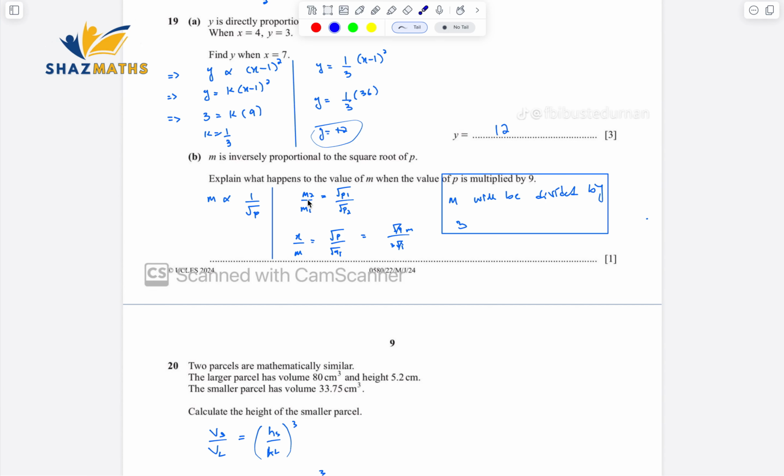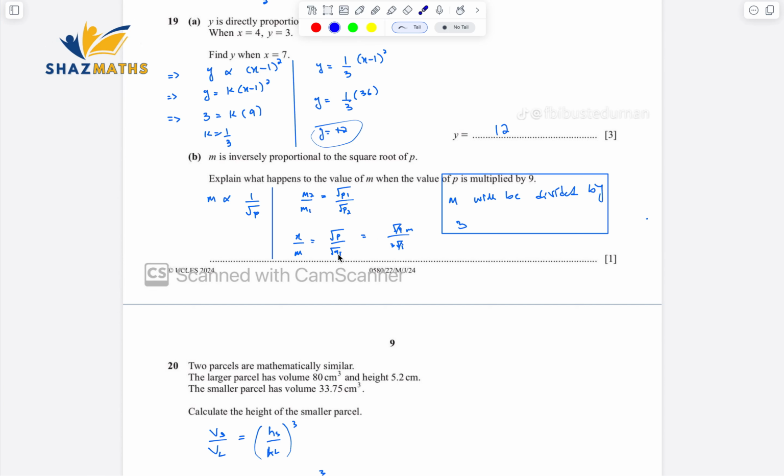So m2 over m1 should be equal to square root of p1 over square root of p2, right? So m2, let's call that x, over m1 is m equals square root of p1. P1 is, let's call that p, and p2 square root of p is multiplied by 9. So if this was p, that means it should be 9p.